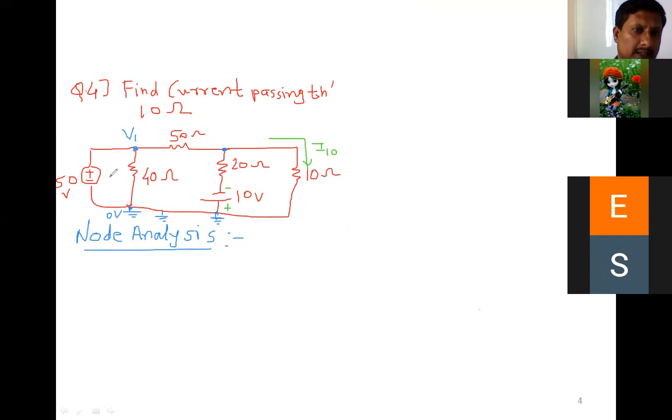Why is the 40 ohm parallel? Vaibhavi, roll number 13. Yes, sir. What is the voltage across 40? That is V1. But what is the value of V1? Are you understanding?